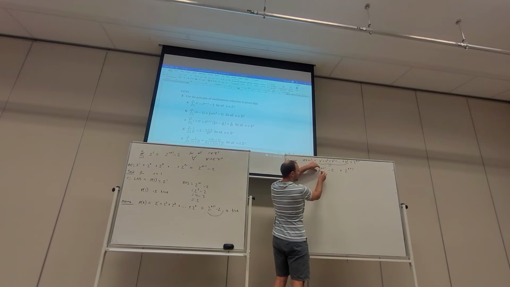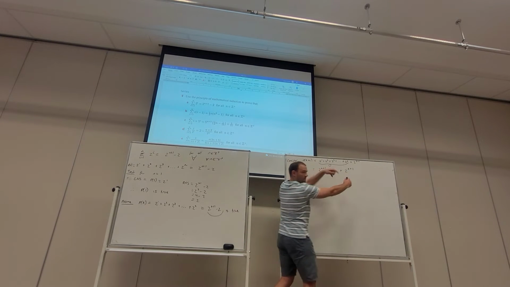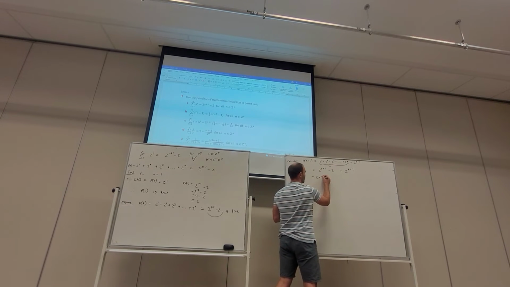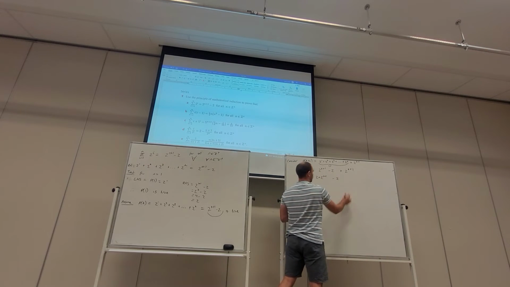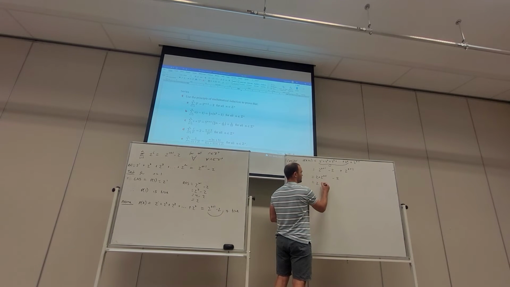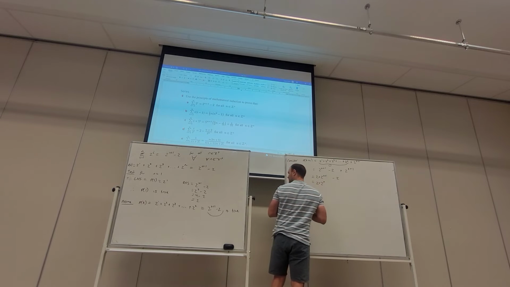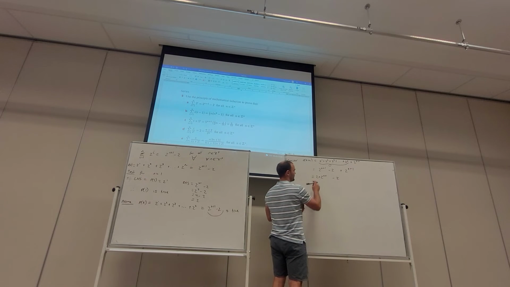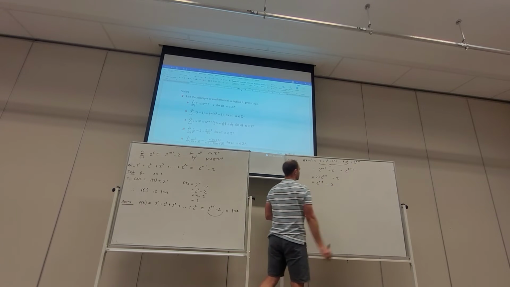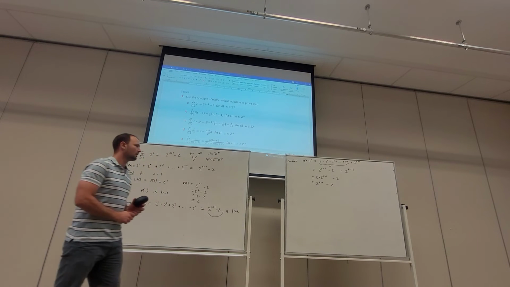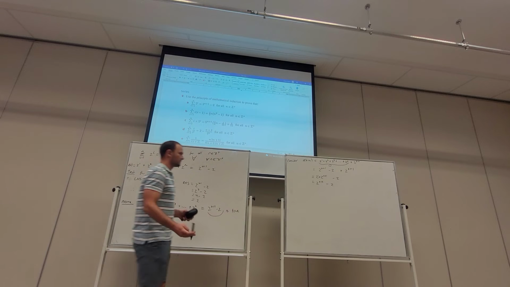Now here we can see we've got two lots of like terms, so we can collect them together. If this is A and this is A, we've got two lots of A. So we've got two lots of 2 to the k plus 1. That gives us 2 times 2 to the k plus 1, which is 2 to the k plus 2, take 2. Same base, so we can add the powers. Which is true.